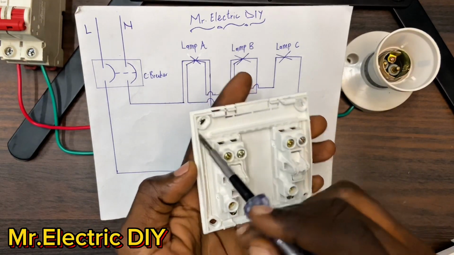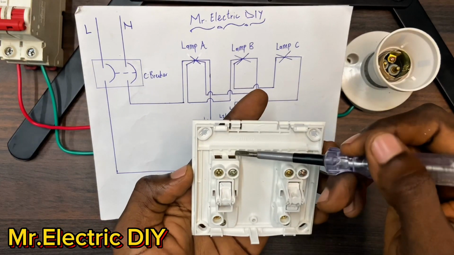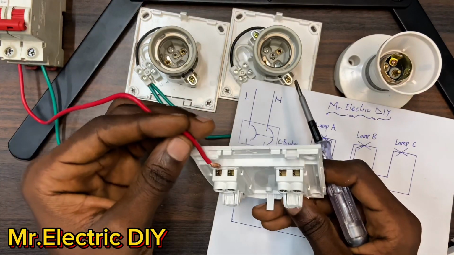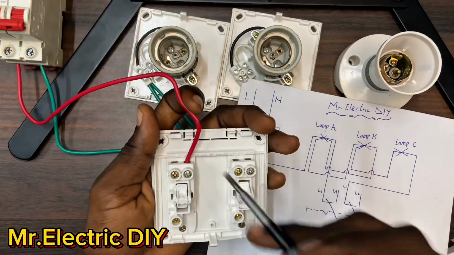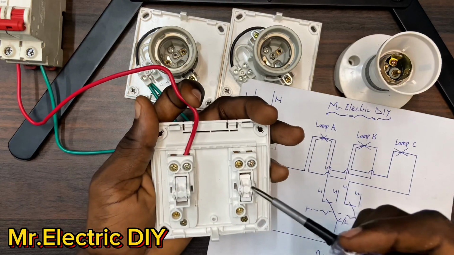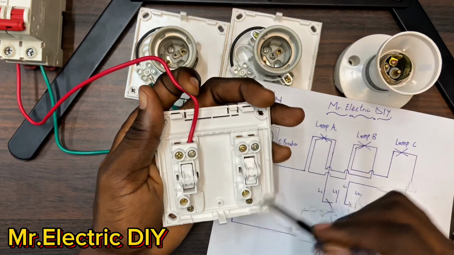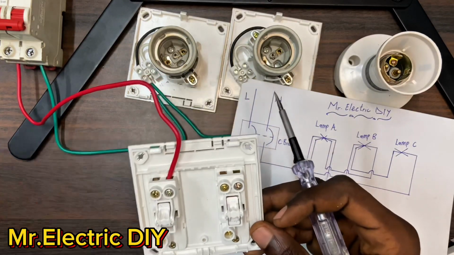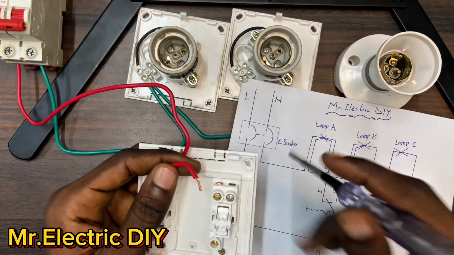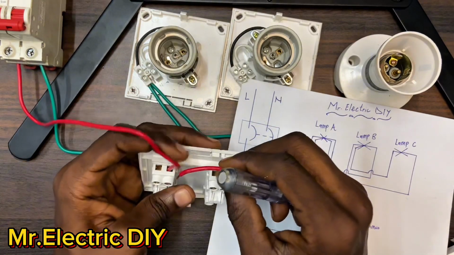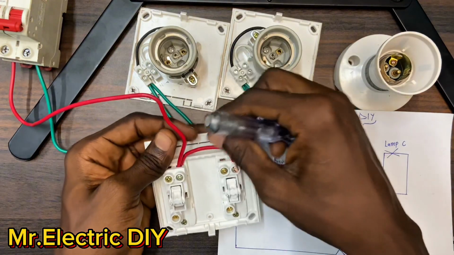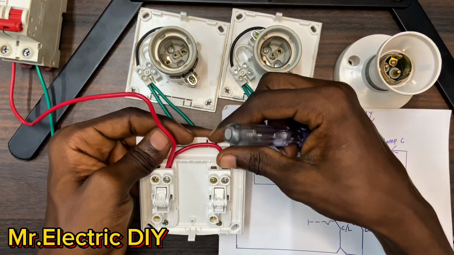So in order for me to use this, I have to connect a live wire to this side. This is the live, and in this very video you are going to make good use of this side too. So I have to loop the same live to this side. That is a jumper, a piece of cable. This is the cable. To this side.